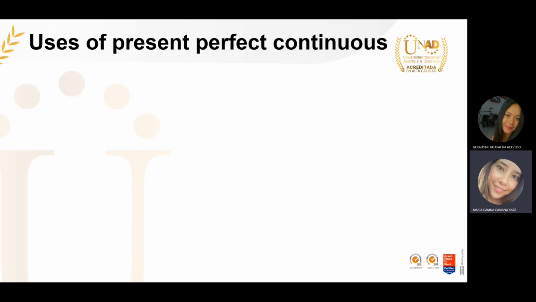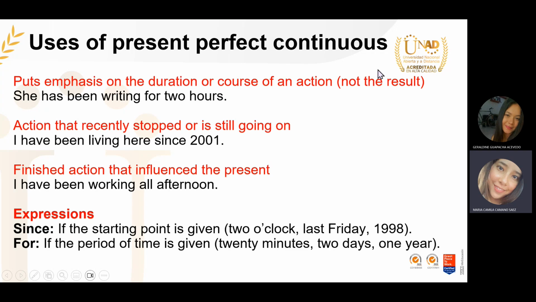So it is an example of an action in present perfect continuous. We put emphasis on the duration or course of an action, not the result. Remember, when we use continuous or progressive tenses, the focus is on the action.